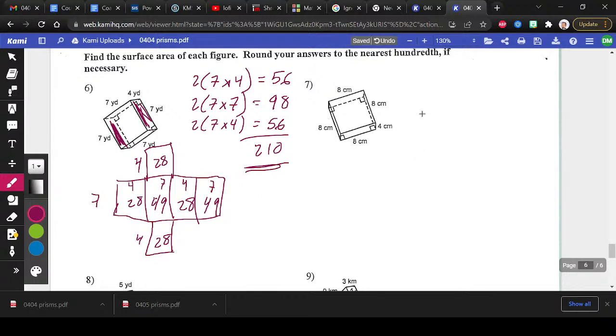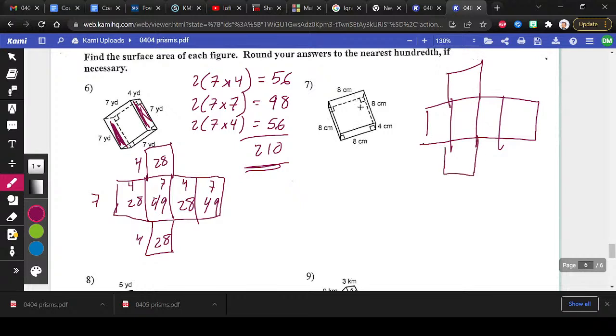Going onward, so if I called this flat space on top the top, that means that the height's 4. So 4 and then 8, 8, 8, 8. And then the top would be 8 by 8, and the bottom would also be 8 by 8. And so we're going to go 2 times 4 times 8, which is 64.